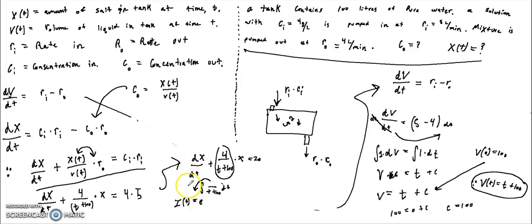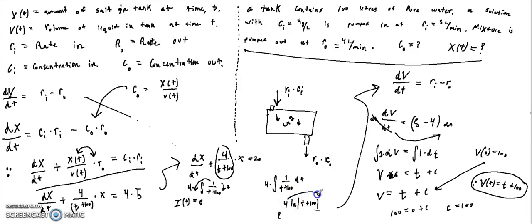So we got 4 times that. And integrating 1 over t plus 100 with respect to t, well, with the degree of 1 in the denominator, we just know it's ln of t plus 100 times 4, and we still have this base e.